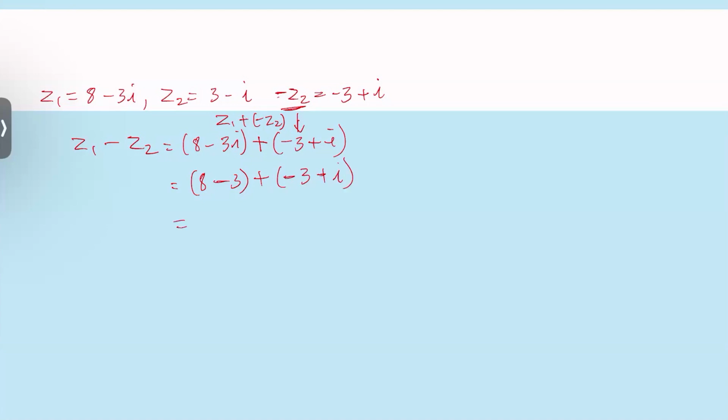What you get is 5 plus minus 2i, and if you simplify further, this is how you find the difference of complex numbers.